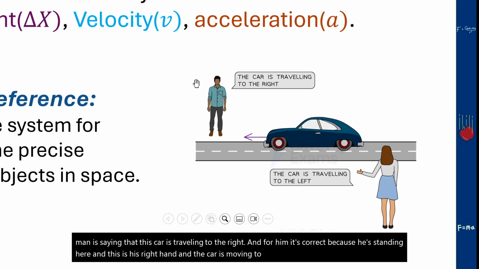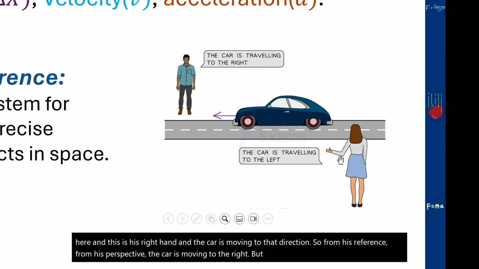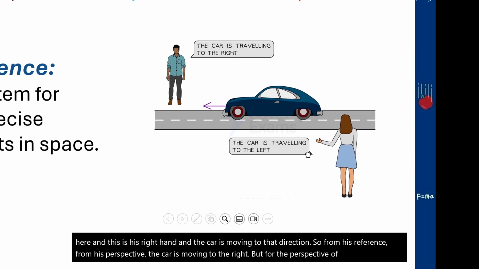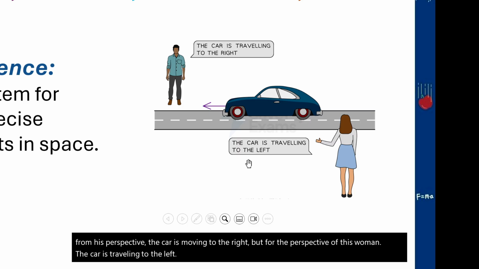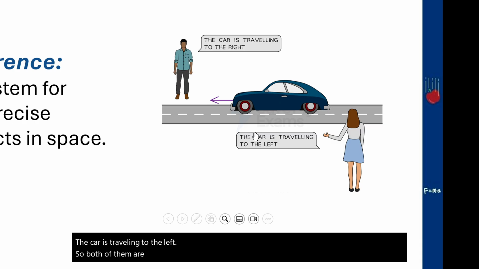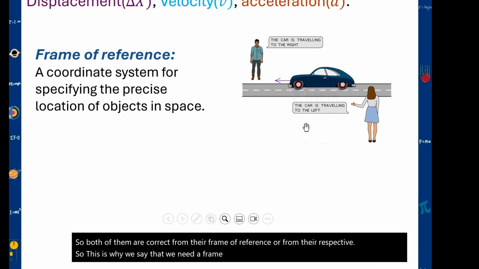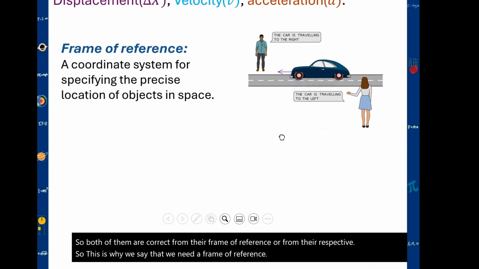So from his perspective, the car is moving to the right. But from the perspective of this woman, the car is traveling to the left. Both of them are correct from their frame of reference, or from their perspective. So this is why we say that we need a frame of reference. Okay, that was the first part.